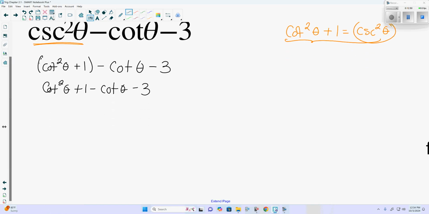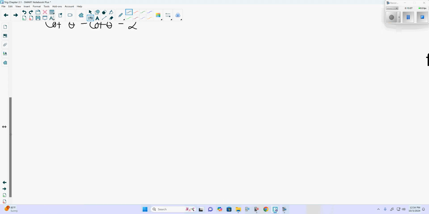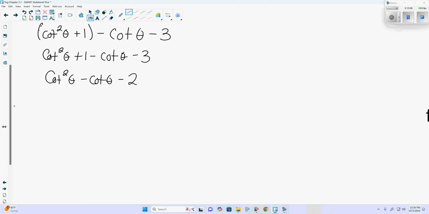And we can combine like terms, because our 1 and negative 3 are the only like terms. So it tells us that we have cotangent squared minus cotangent minus 2. And since we now have this all in terms of cotangent, we can factor.